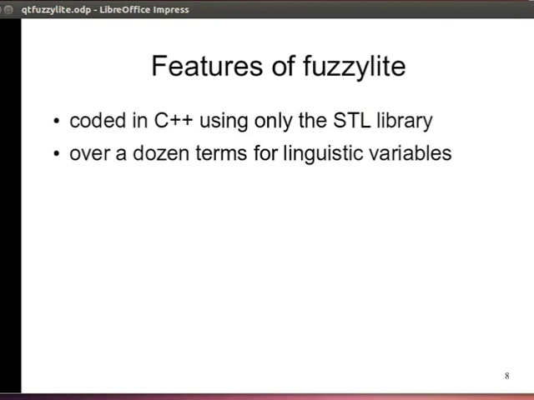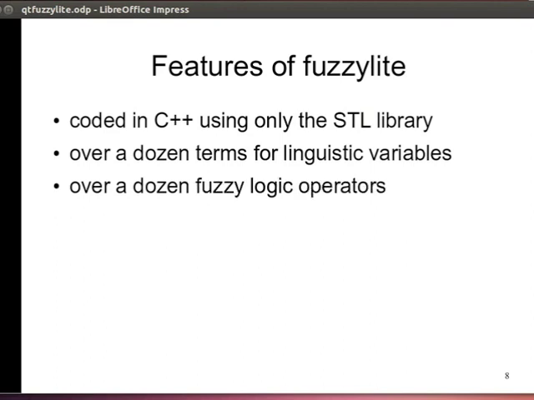It contains over a dozen terms to model the linguistic variables, also over a dozen fuzzy logic operators, and many examples to play with. These examples are mostly extracted from MATLAB and Octave, and we have created some of our own.